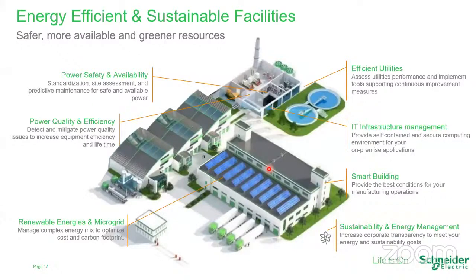Many such applications are getting very popular. A microgrid means you are creating a grid within your own factory or campus. This also helps improve the carbon footprint. Finally, energy management and smart buildings. This is how energy-efficient facilities are typically planned.